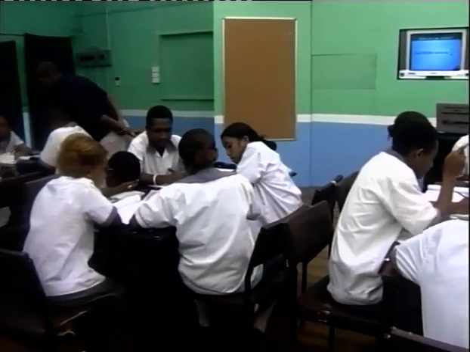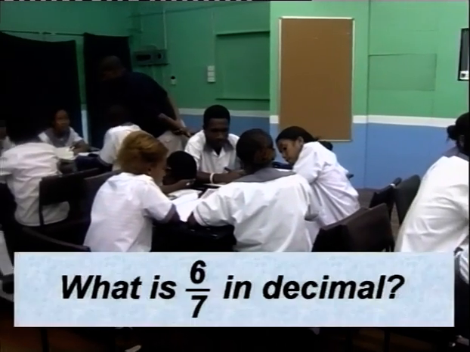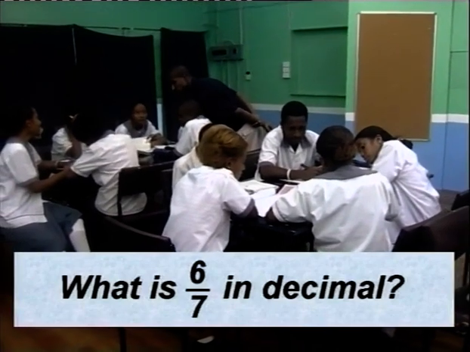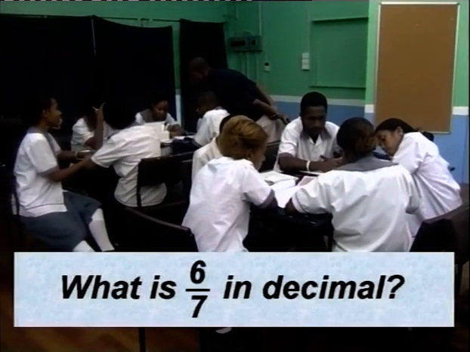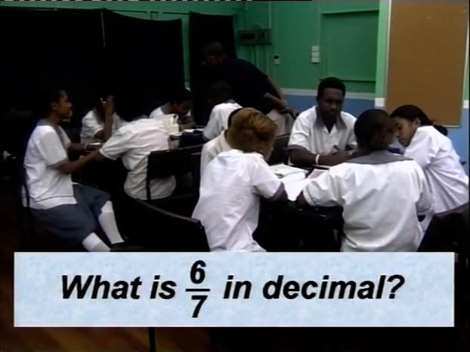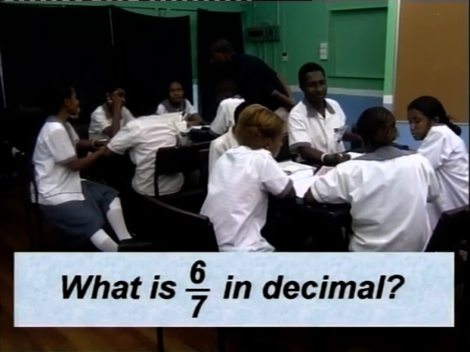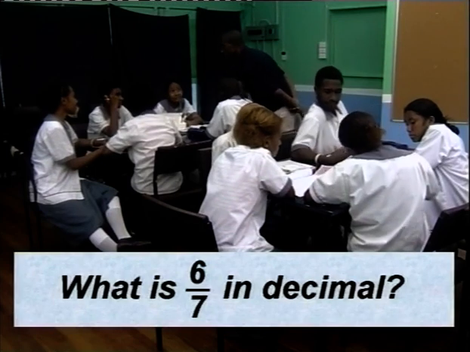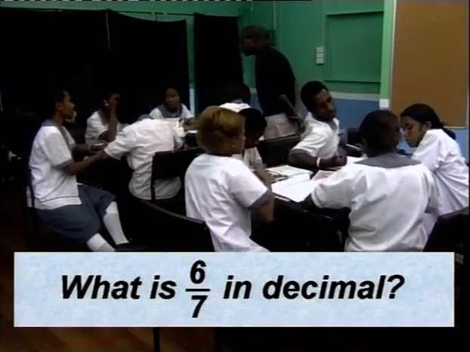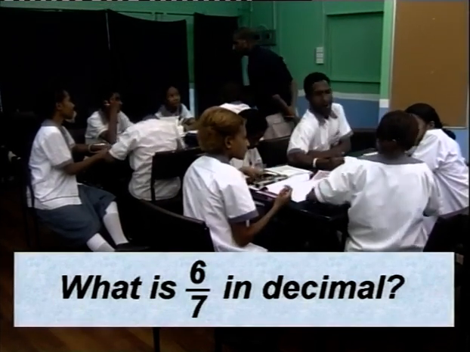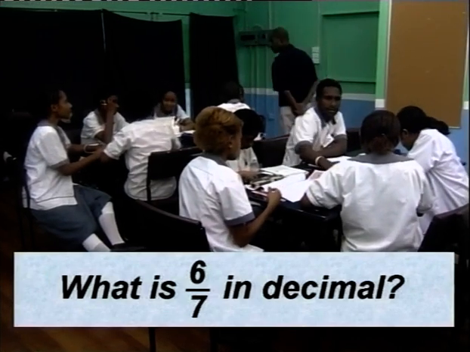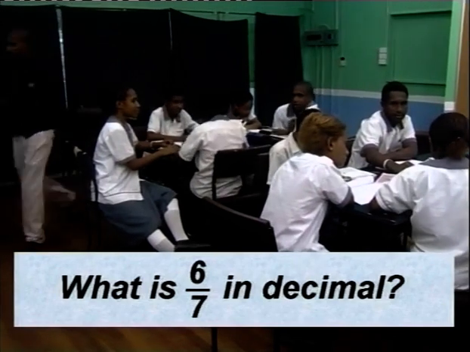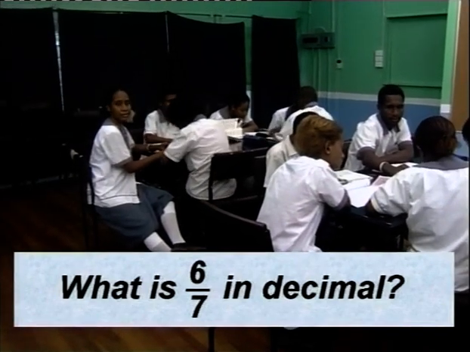What answer did you get? Graham, what was your answer? 0.37? 0.87? Is that all? What answer did you get?